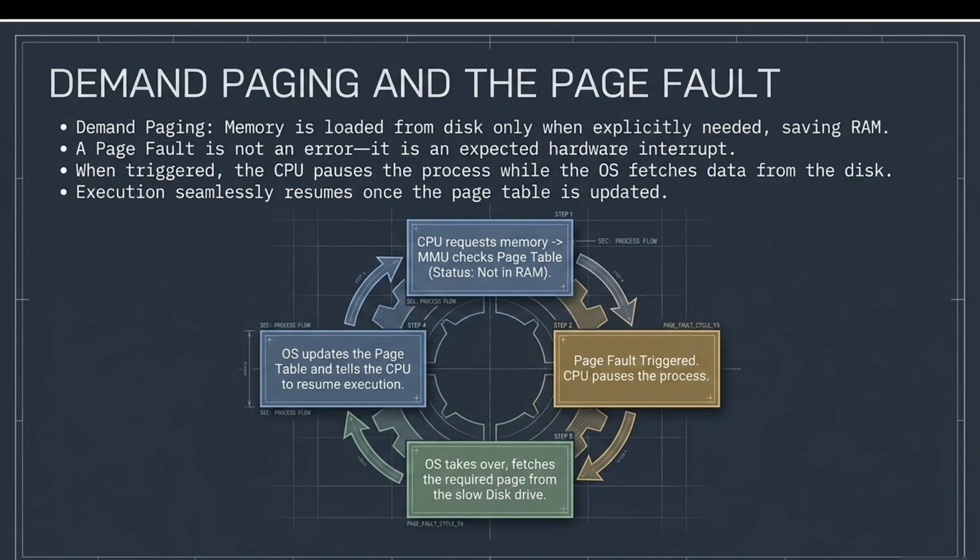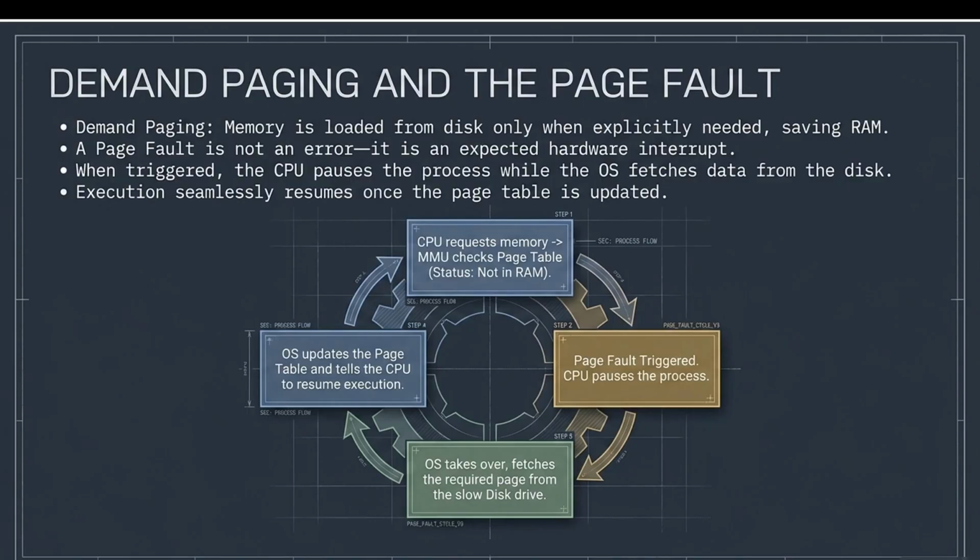As you can see here, the CPU requests memory, the MMU checks the page table, a page fault is triggered, and the CPU pauses the process. The OS takes over, fetches the required page from the slow disk drive, updates the page table, and tells the CPU to resume execution.